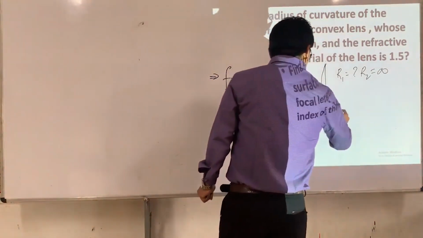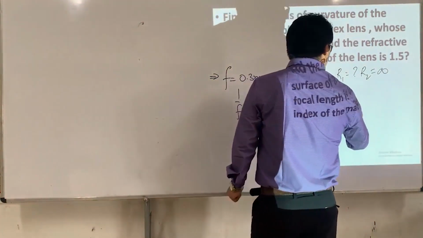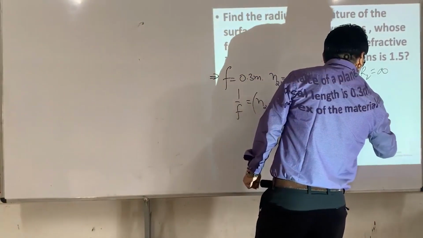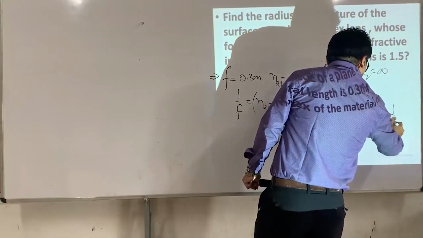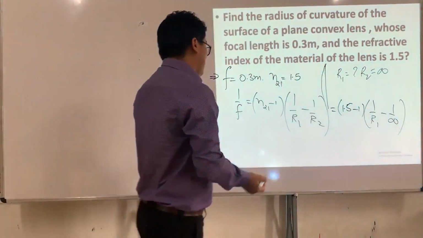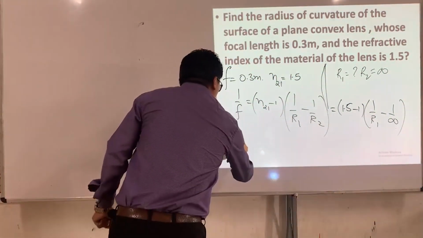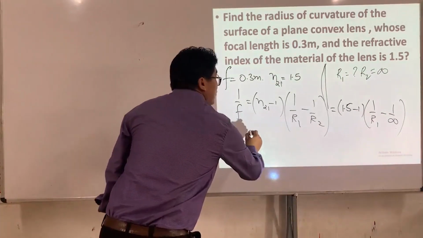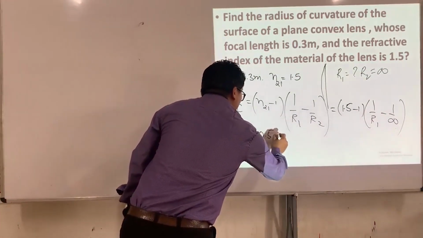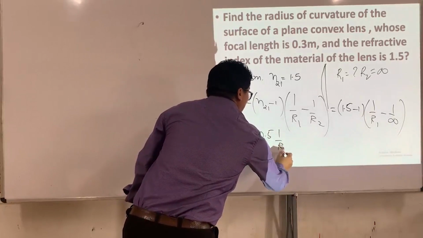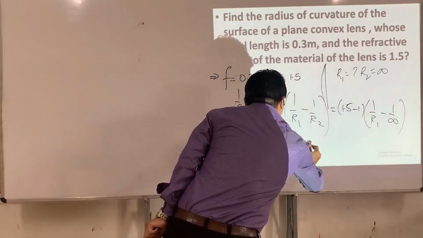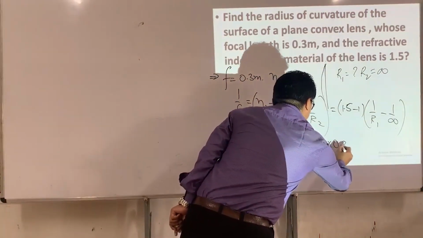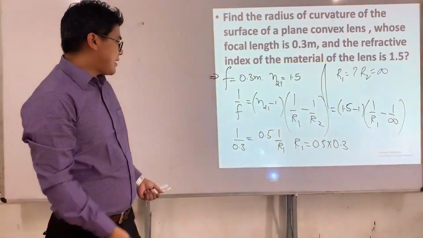So therefore this is equal to how much? 1.5 minus 1, times 1 by R1 minus 1 by infinity. 1 by infinity is 0, right? So 1 by 0.3 equals 0.5 times 1 by R1. So R1 is equal to 0.5 multiplied by 0.3. Alright, so what is this?